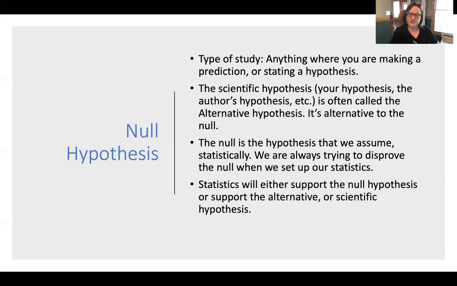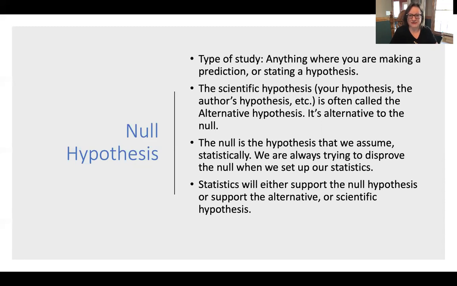The null hypothesis always assumes boring, nothing, you won't find anything. There's nothing to see here. Move right along. This is dull. This is null. Okay, so that's the null hypothesis. The alternative hypothesis is the alternative to the null. Sometimes we call it the scientific hypothesis or the study hypothesis.